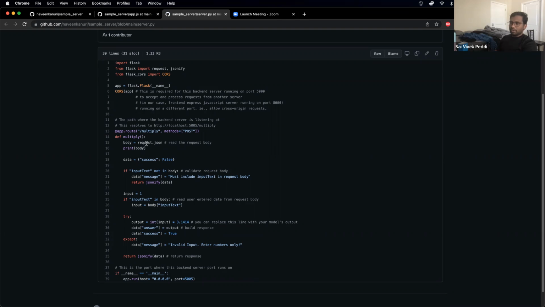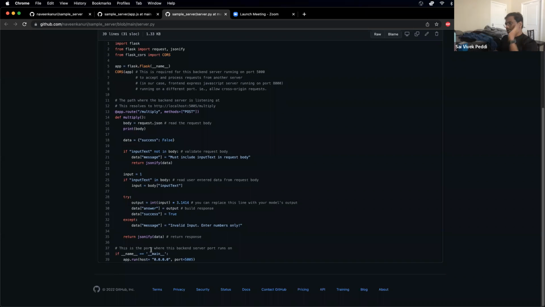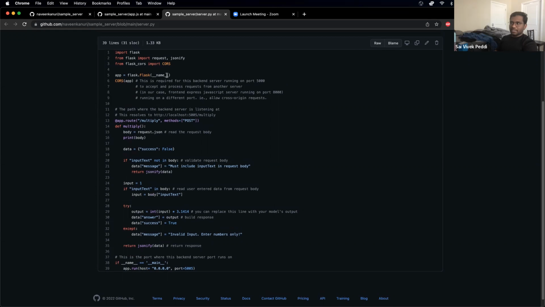Here, whatever request you have got from the front end, first we are printing the body, and once we have received it, we are just taking that message, multiplying it with the pi value, and sending it as an answer out. And this is how a simple API route is created using Flask.